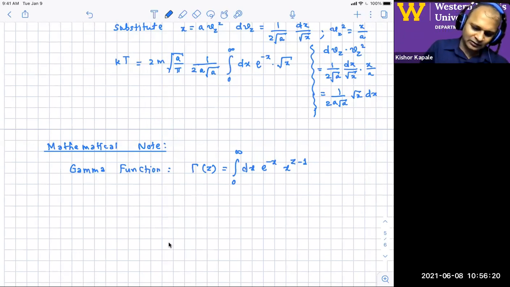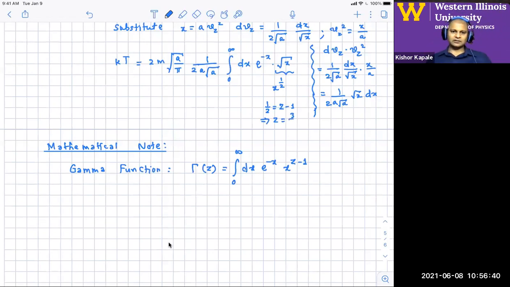So this is essentially equal to x to the power half. And if half is equal to z minus 1, then that gives us z equal to 1 plus a half, so it's 3 halves. And so we will need to calculate gamma of 3 halves essentially.